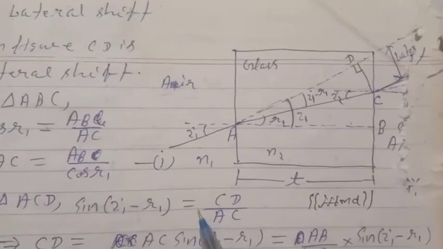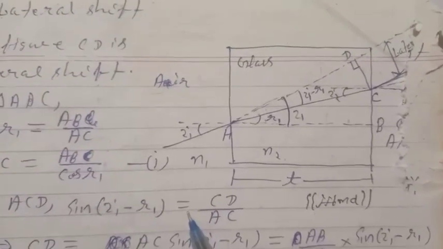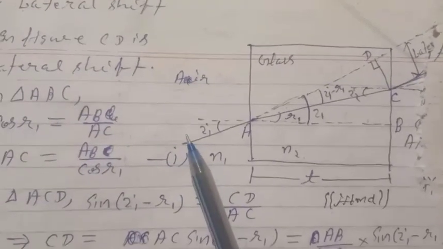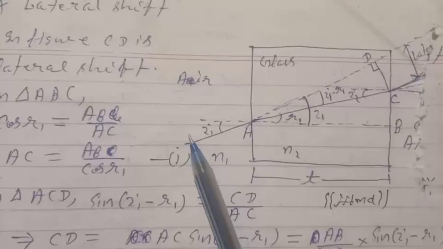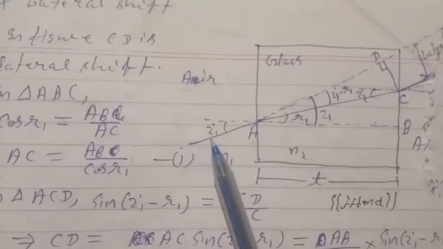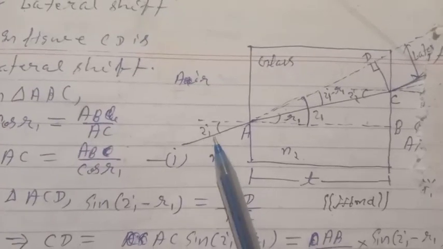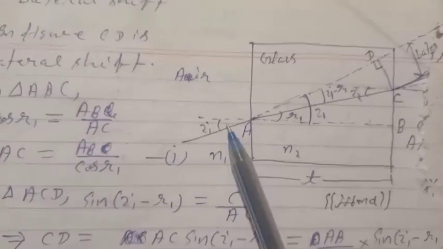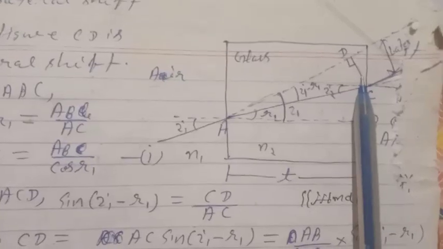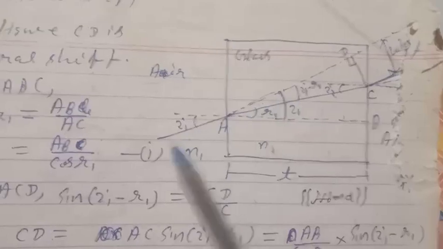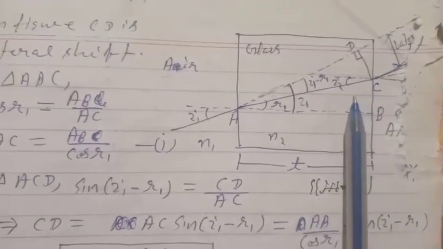Now lateral shift. If a ray passes through a medium placed in air, then after emergence from that medium, there is a shift in the incoming ray, and this shift is called lateral shift.